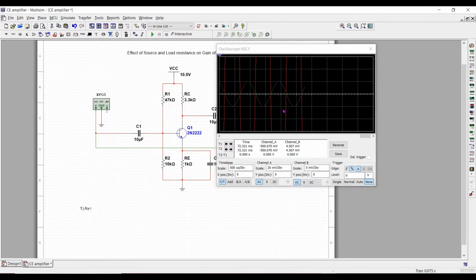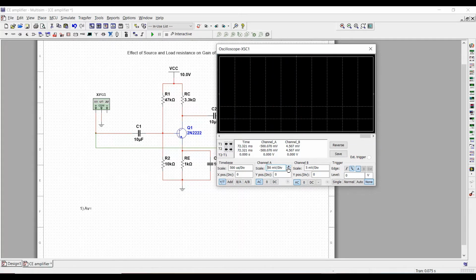Stop. Adjust the scaling so as to get the waveforms. Adjust the cursor so that we get the complete waveforms on the graph.